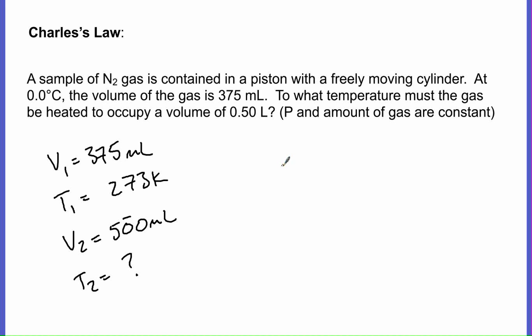Otherwise, just plug in values that you know. 375 divided by my initial temperature, 273, equals 500. Again, remember it's got 2 sig figs, divided by X. So I can solve for an answer here. 500 times 273 divided by 375 gives me 364.